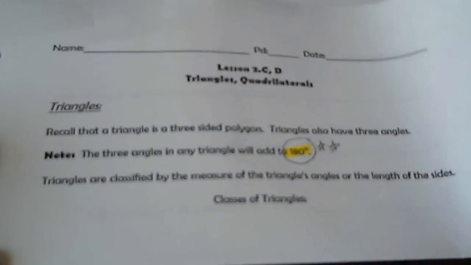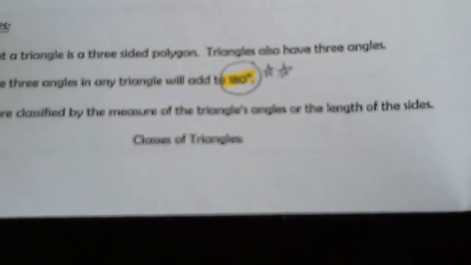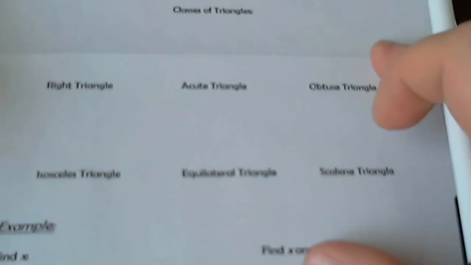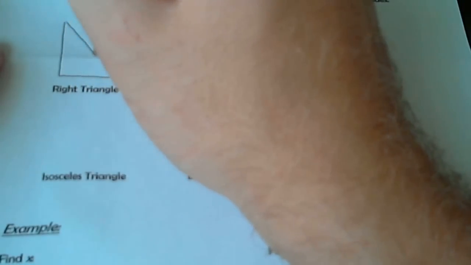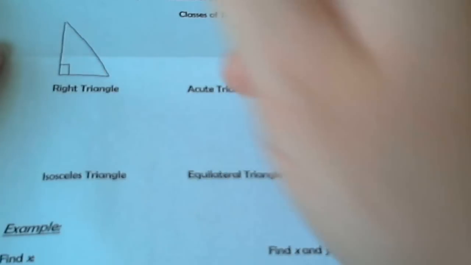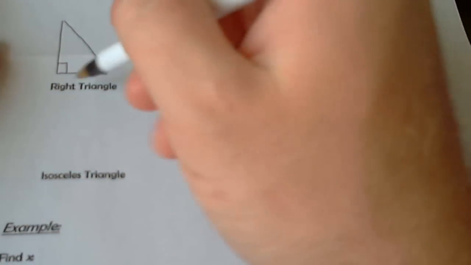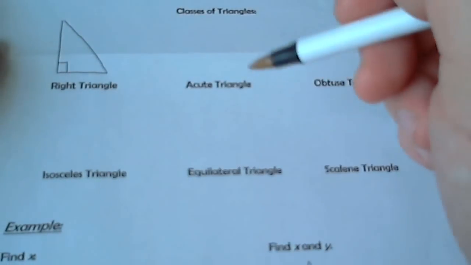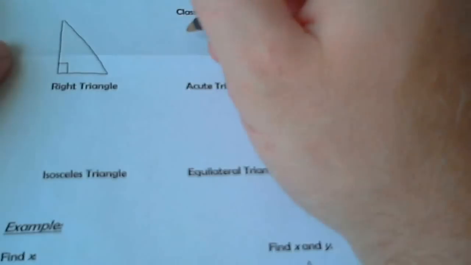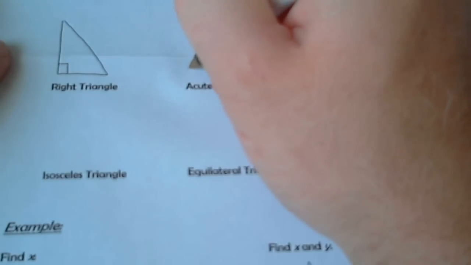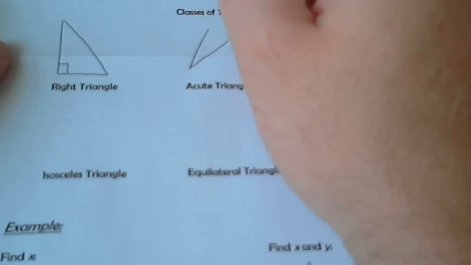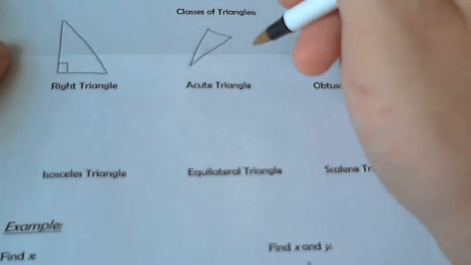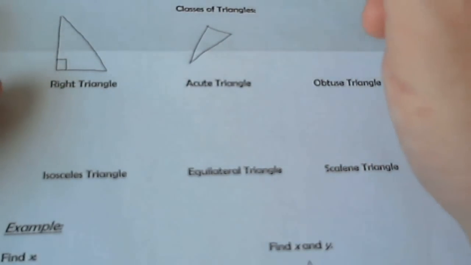Now, before we really start studying and measuring triangles, let's talk about the different classes of triangles. First, we have a right triangle. A right triangle is identified by its right angle. In this case, the right angle is down here. An acute triangle is a triangle where all of the angles measure less than 90 degrees.